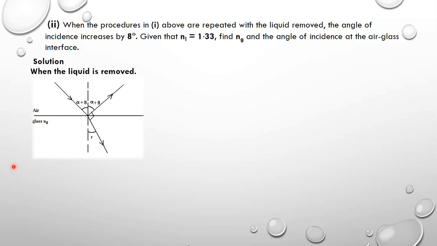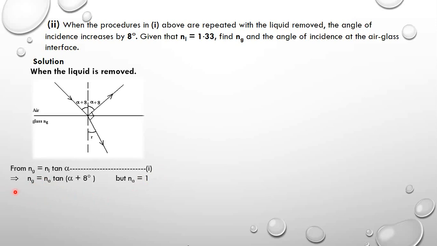So from the relation that we derived, we are going to replace NL with air, or Na, where Na is equal to 1, and then when we substitute there, also we shall replace alpha with alpha plus 8, because the angle of incidence increased by 8. So it is alpha plus 8. Then where Na is equal to 1, we shall put here 1, then we shall have Ng is equal to tan of alpha plus 8.